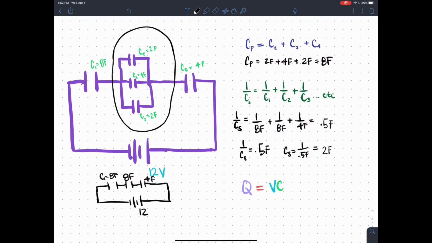And so, once again, we can use our equation Q is equal to VC to find the total charge going throughout all of these capacitors. We take the total voltage, which is 12 volts, and this works because the voltage is the same over one singular capacitor, because we've basically made this whole circuit into a simple circuit.